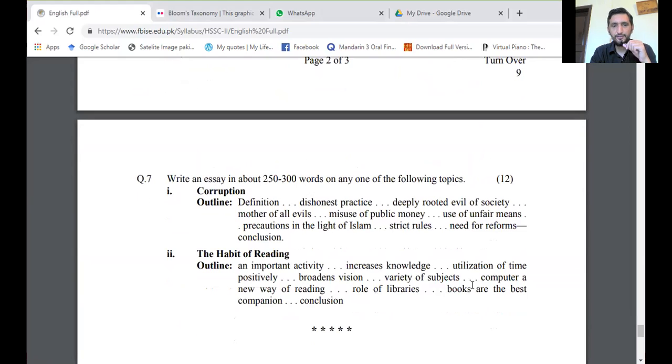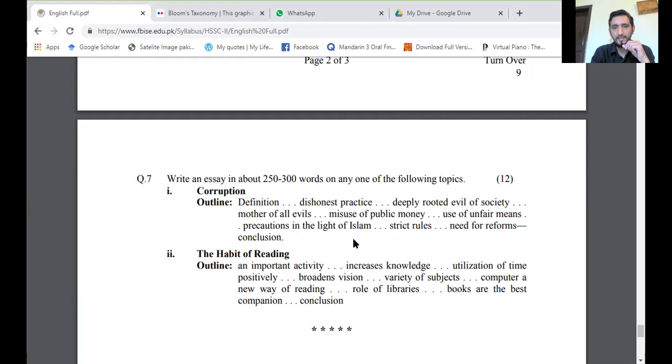Last but not the least, you have your essays. Here, you'll be given an outline. Let's say corruption. You'll define it first, then you'll elaborate that it's a dishonest practice, and then you'll go into the details of how deeply rooted it is in the society and how it is the mother of all evils, what kind of corruption is involved, misuse of public money, use of unfair means, precautions in the light of Islam.